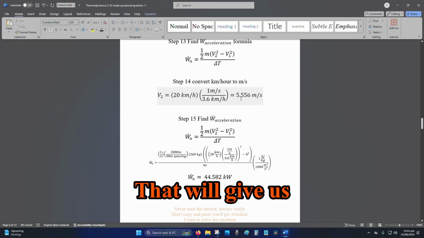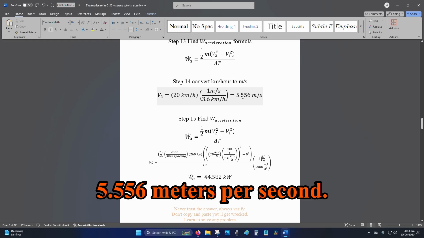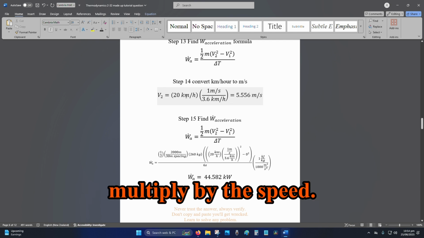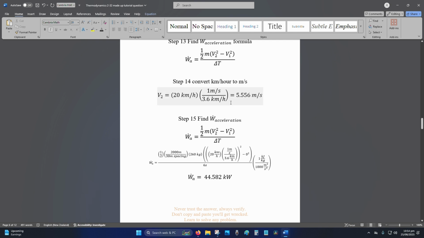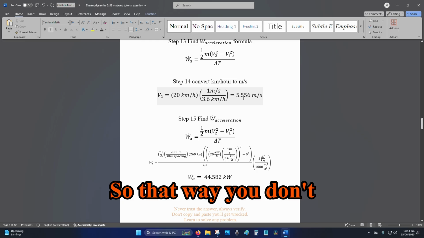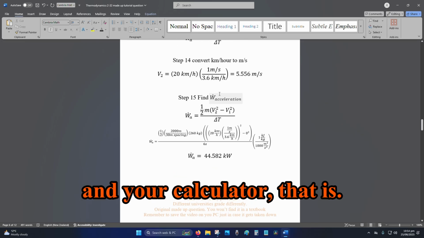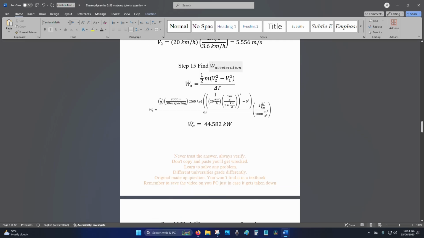That will give us 5.556 meters per second. Once again, just use the ratio and multiply by the speed. So that way you don't have to round up your decimal in your calculator, that is.